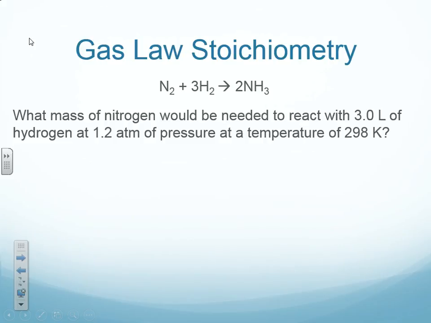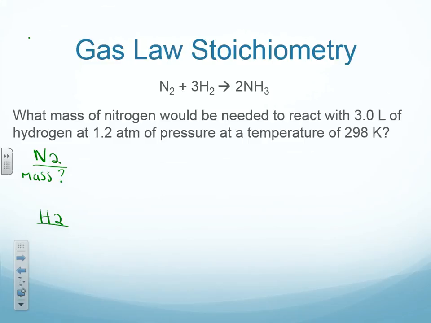So what do you do if you have conditions that are not standard temperature and pressure? So we've got 2 players here, so we'll set this up just like we did when we did solution stoichiometry. Okay, so what mass of nitrogen? And then it's giving you a bunch of information for hydrogen.